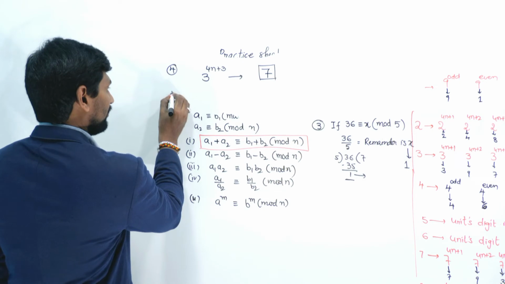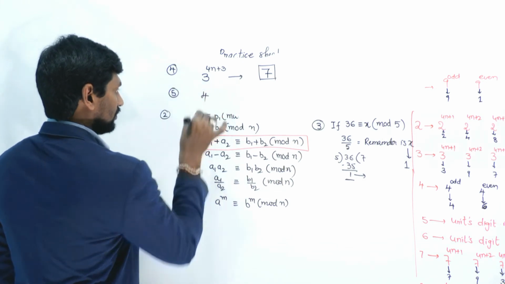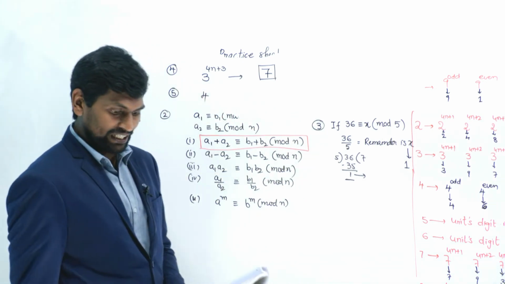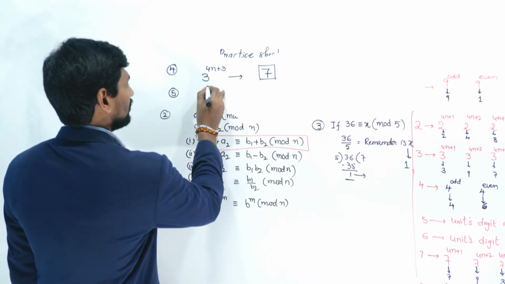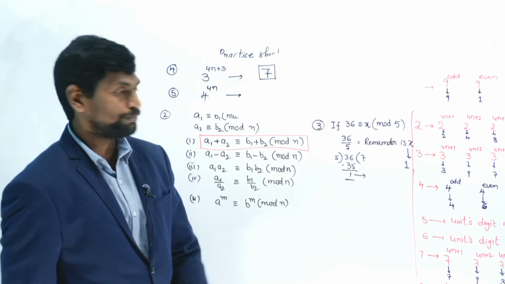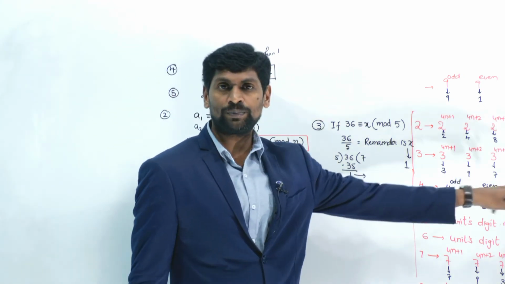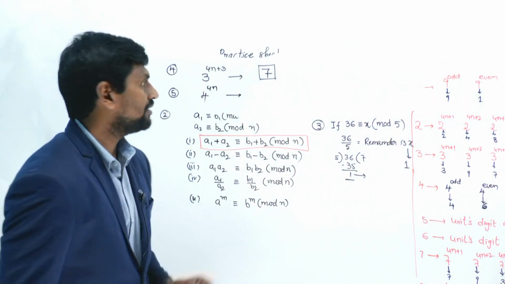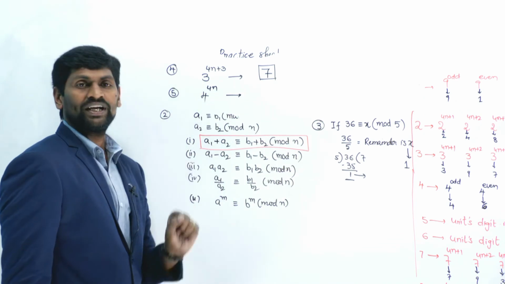Question number 5. What is the units place digit of 4 power 4n? While you are observing, 4 power odd number or 4 power even number only will be here. But what is 4 power 4n?